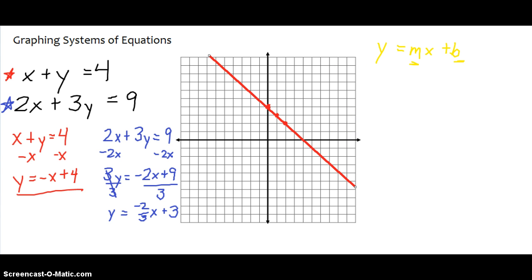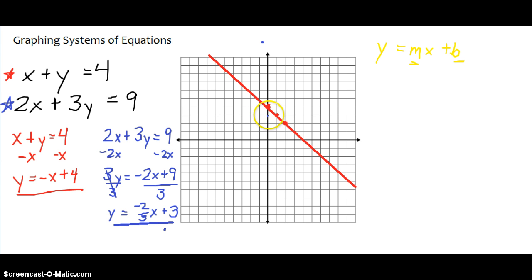So now, let's make that line red again. Now we have the second line, y equals negative 2/3 x plus 3. Notice our y-intercept is 3. So we'll put a y-intercept right here.